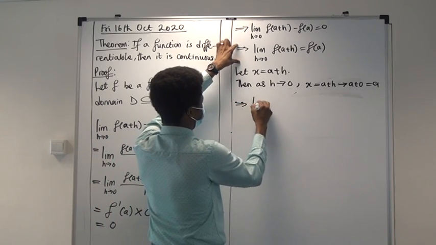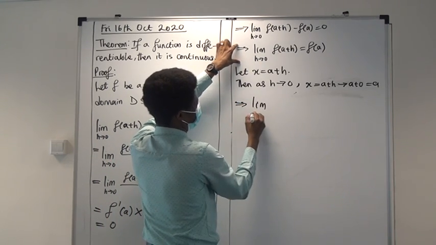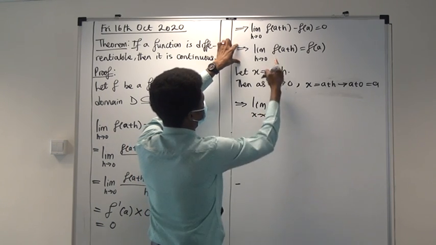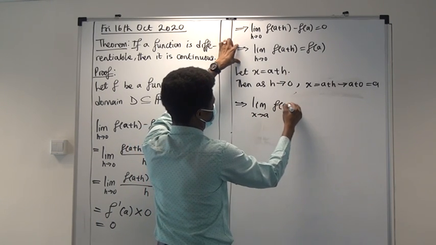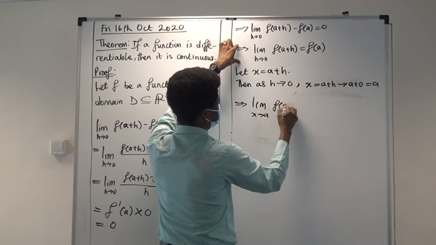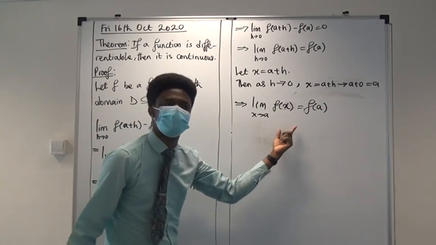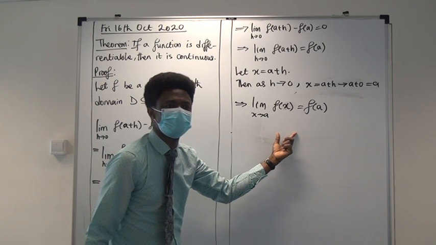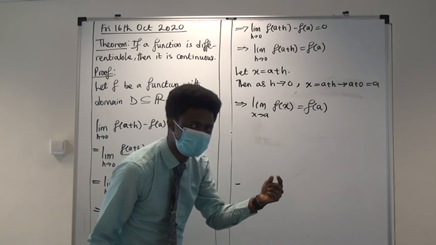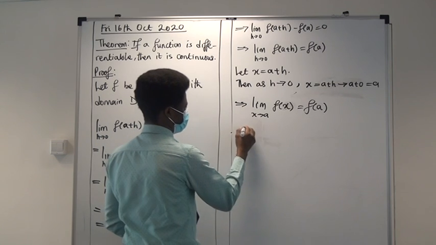This will now become what? Limit as h tends to 0 implies x tends to a. F of a plus h implies f of x. Am I making sense? Yeah. And you already have your f of a on the other side. And what does this mean? The function is continuous.